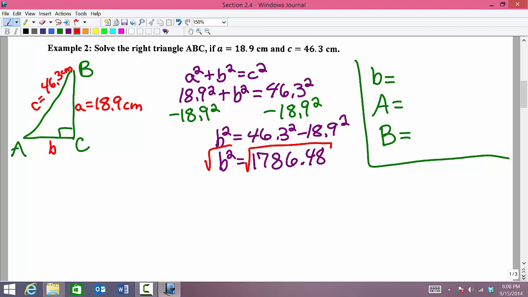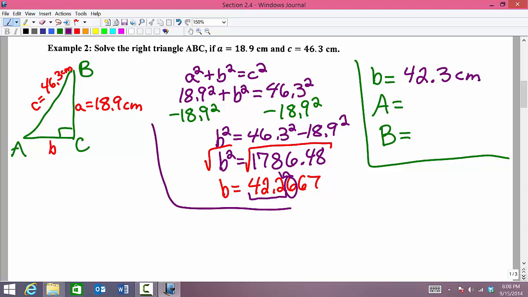Once again, we'll just let our calculator take care of that. And we get that B is equal to 42.2667. We're going to round to the nearest tenth again. So that means that the 6 will put B to be 42.3 centimeters.